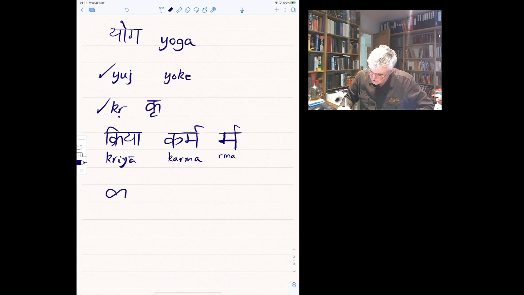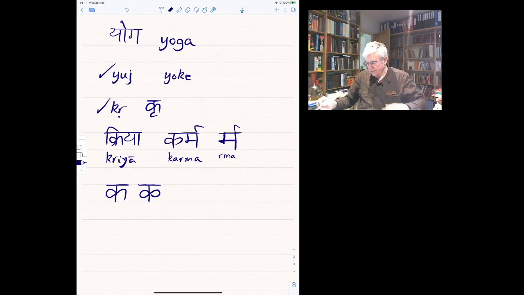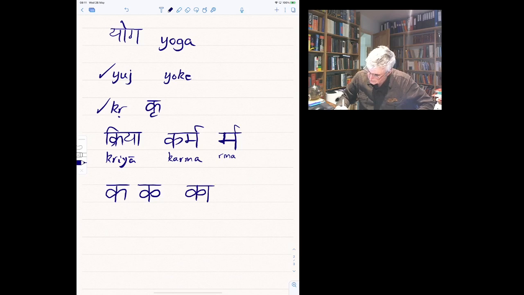So here this is ka. By the way, you'll see a k written both like that or that. It makes no difference. It's a matter of style and typeface. It's the same. It says ka. Okay. Now, ka. Put that long stroke there. That makes a kaa.